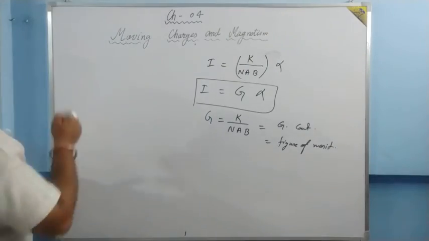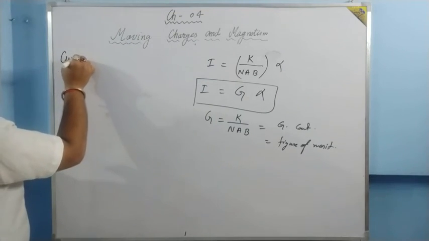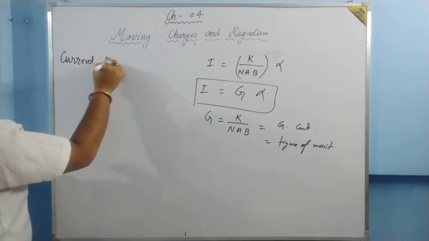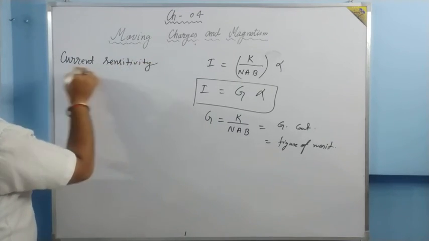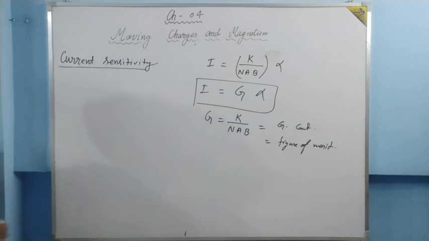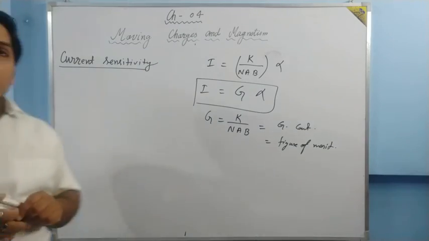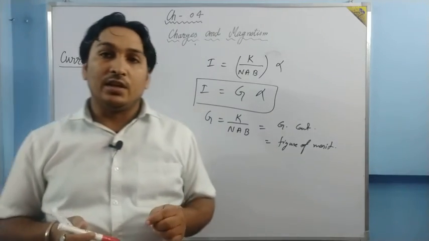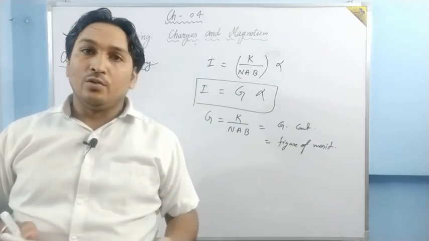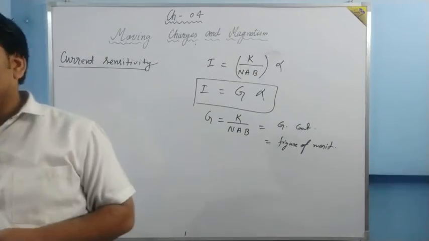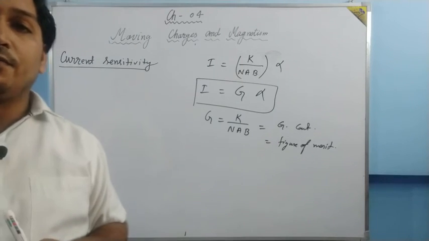One is current sensitivity. If a small change in current causes a large deflection in the galvanometer, then we say the galvanometer is current sensitive.